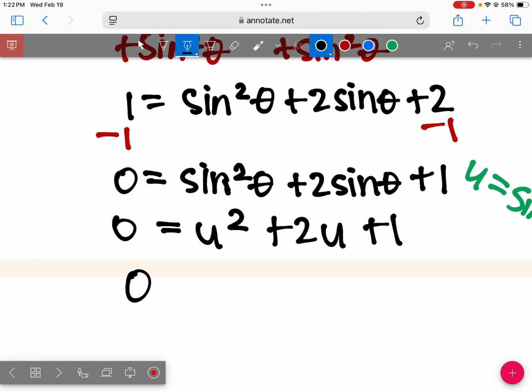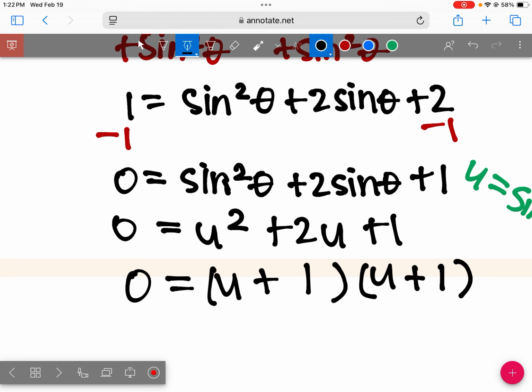Okay. So what adds to 2 and multiplies to 1? 1 and 1. The best part about multiplicities when it comes to trig functions: you see how they're both u plus 1?